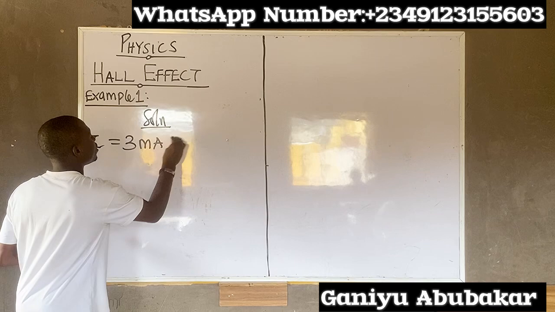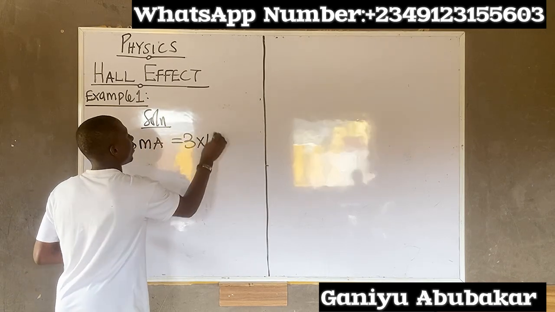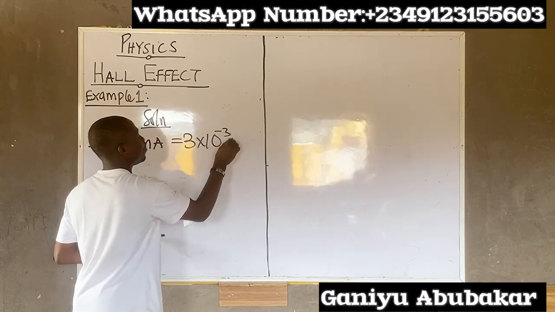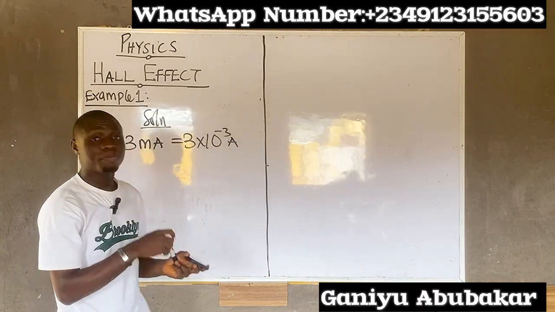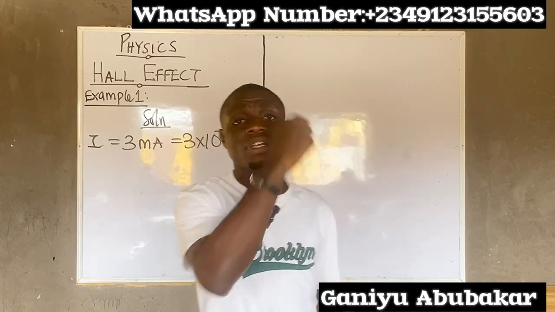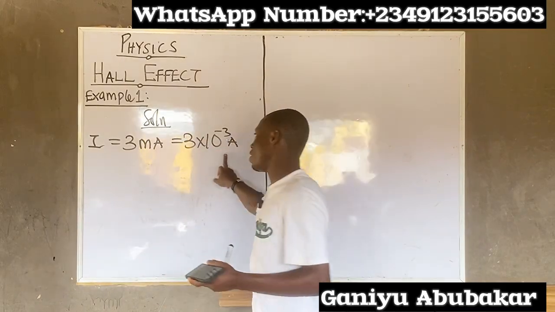And by the way, this gives you 3 times 10 to the power minus 3. 10 to the power minus 3 signifies milli. Then I have ampere. Current is in ampere, not milliampere. Convert the milli: the milli there means 10 to the power minus 3. So I have this one here.